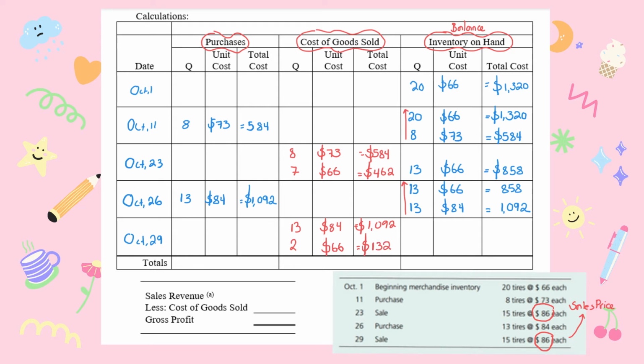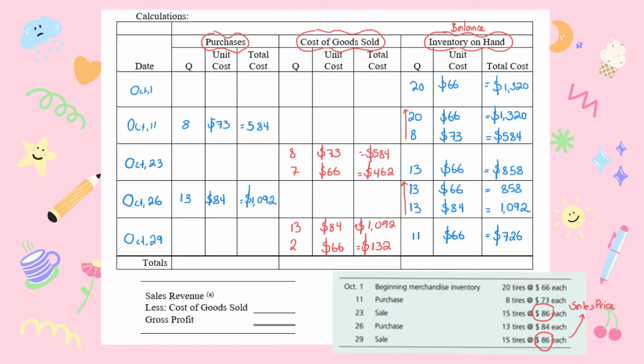Now what's left? 13 at 84, it's sold. 13 at 66, 2 units sold. So 11 at 66 each. So it's gonna be 726.